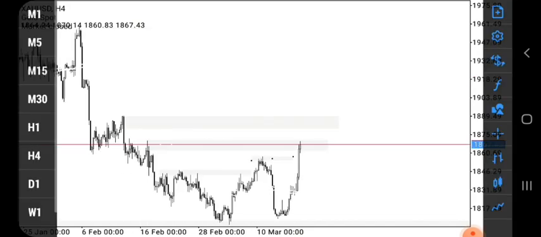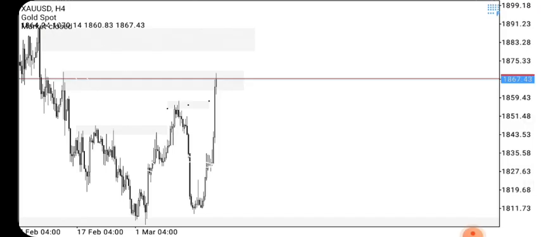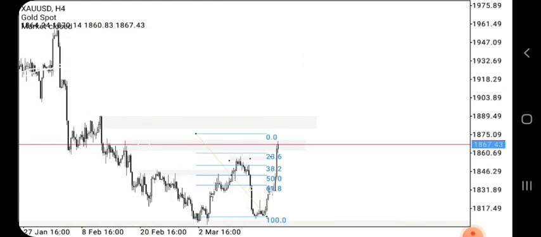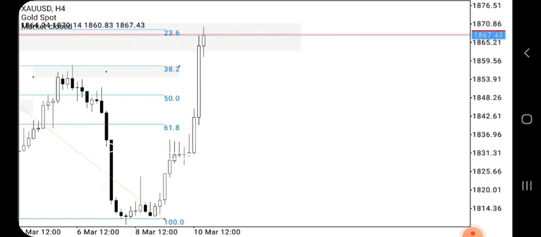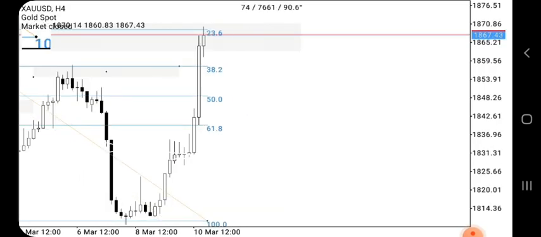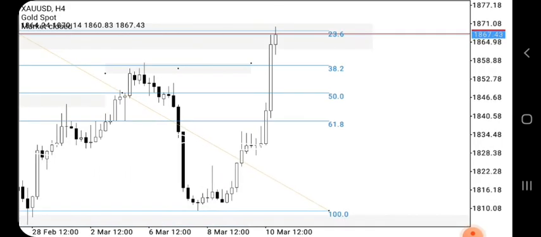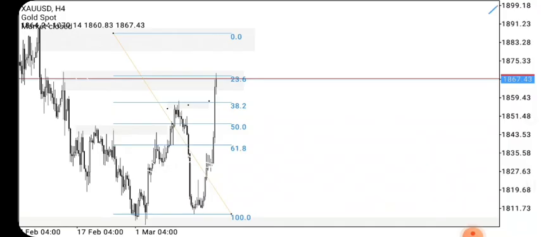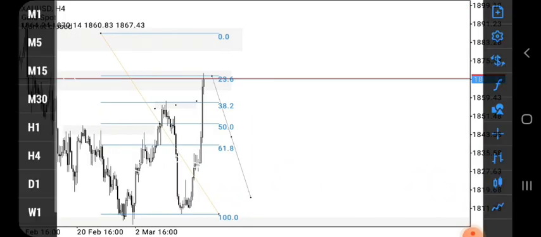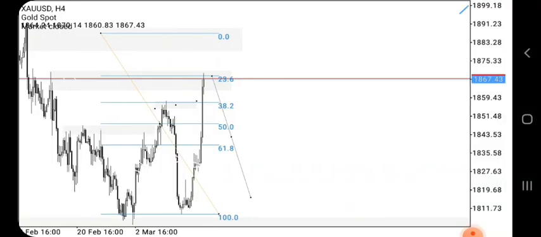Let me just use a Fibonacci. The Fibonacci will show us the levels where we'll be seeing a pullback. You can see at the level of 23.6 and the level of 0.0, we can expect to see a pullback on this point or a pullback on this point here.